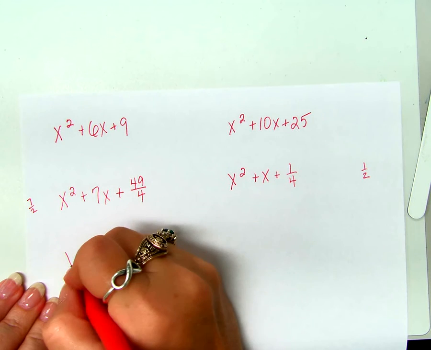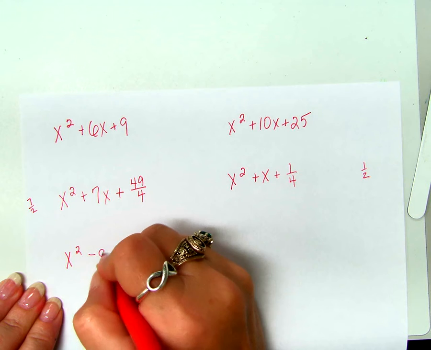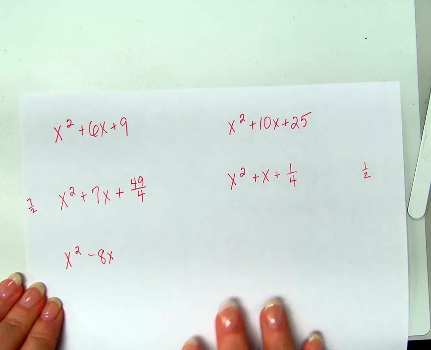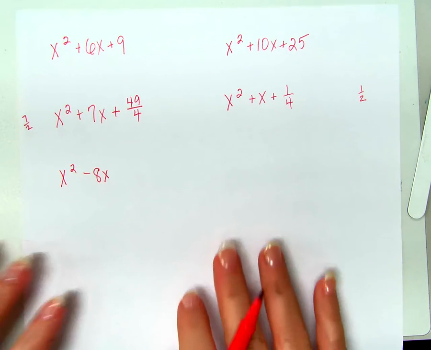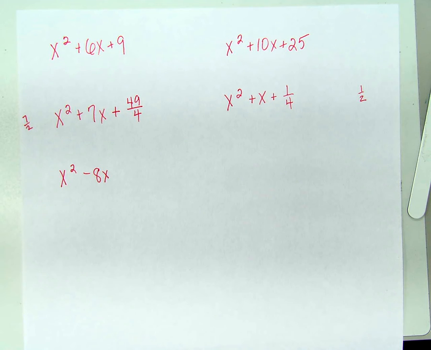What about this one? X squared minus 8x. Uh-oh. Now what? Can't you just divide it by 2? What is negative 8 divided by 2? What's negative 4 squared?